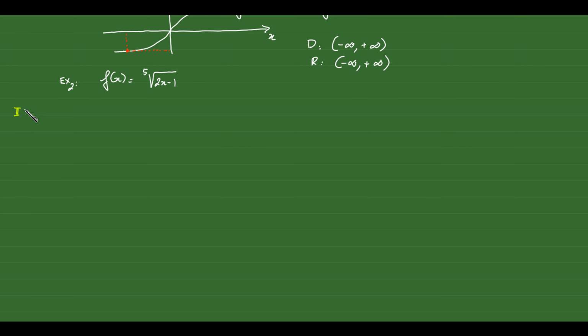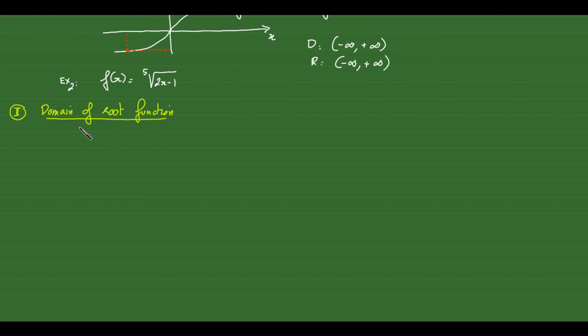In the second part, I want to go through how to find the domain of a root function. Well, in order to find the domain, if you look at the graph, actually you can find the domain.